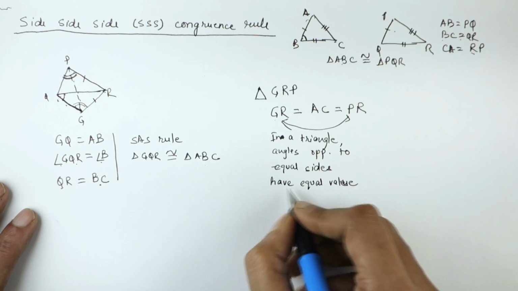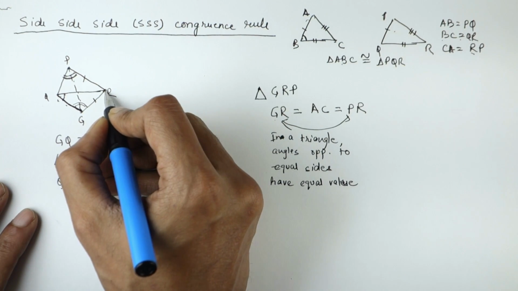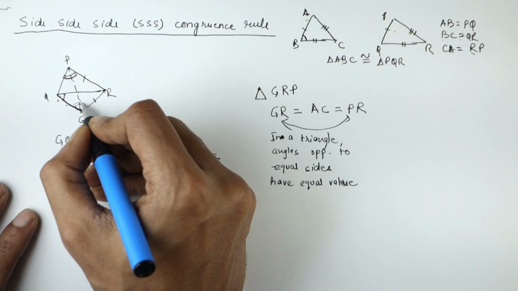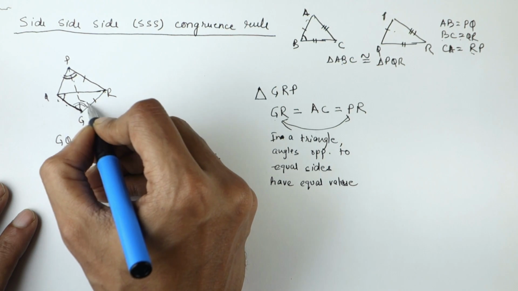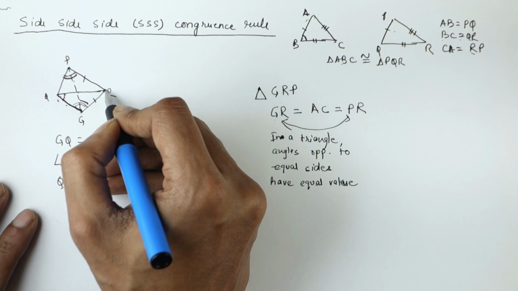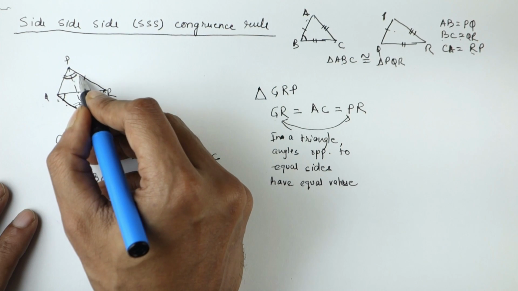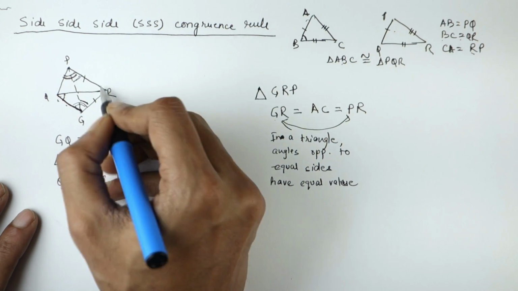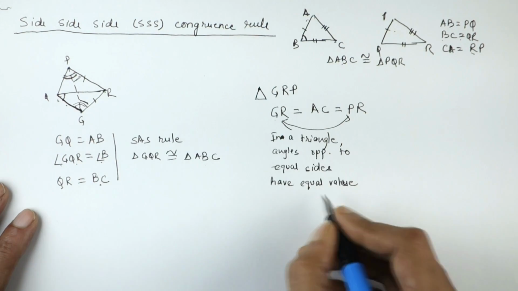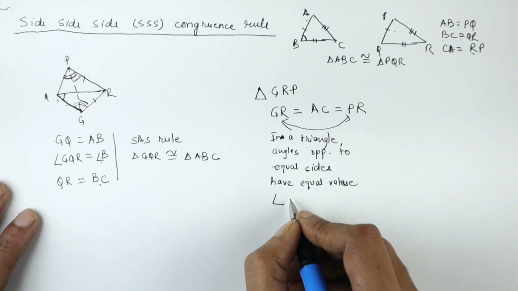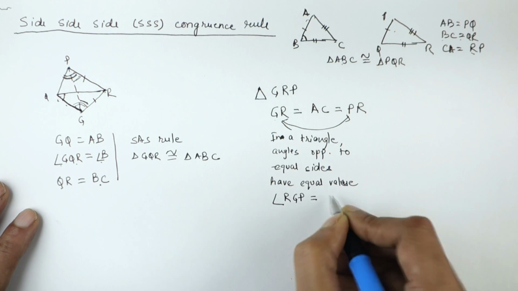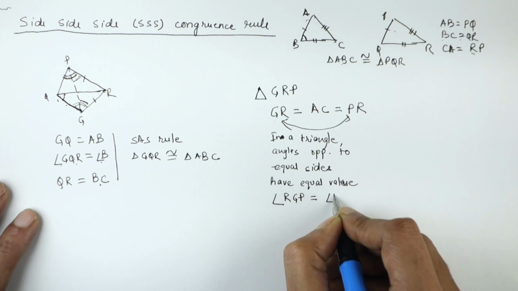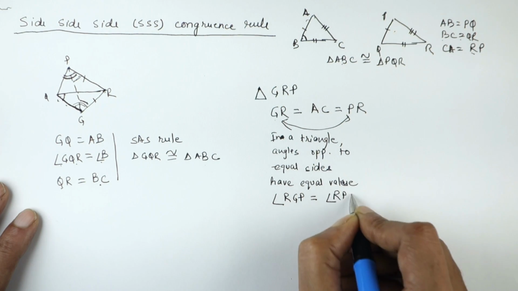What that means is the angle RGP, that is this angle, is equal to angle RPG, that is this angle, because these sides are of equal length. So angle RGP is equal to angle RPG.